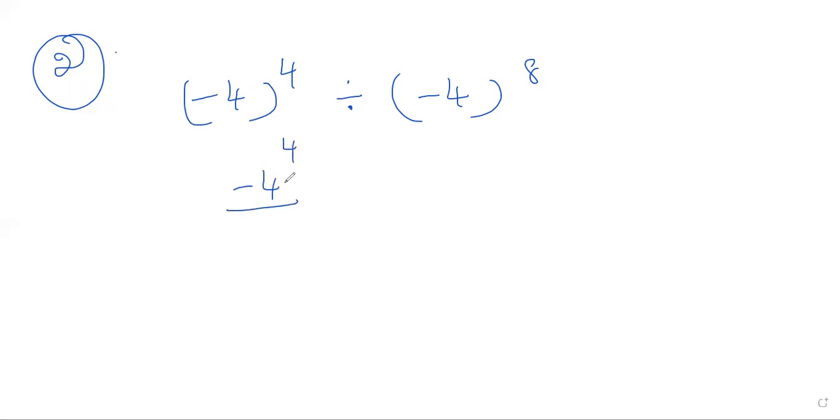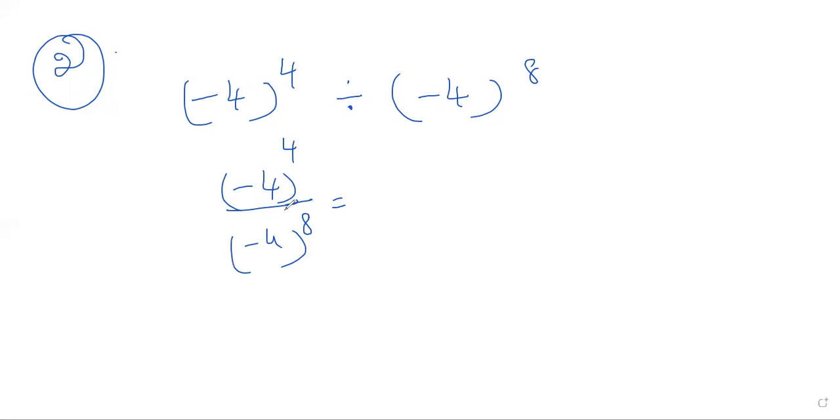Next, the second question. Simplify. Minus 4 whole to the power of 4 divided by minus 4 whole to the power of 8. So you can write it as minus 4 to the power of 4 by minus 4 to the power of 8.